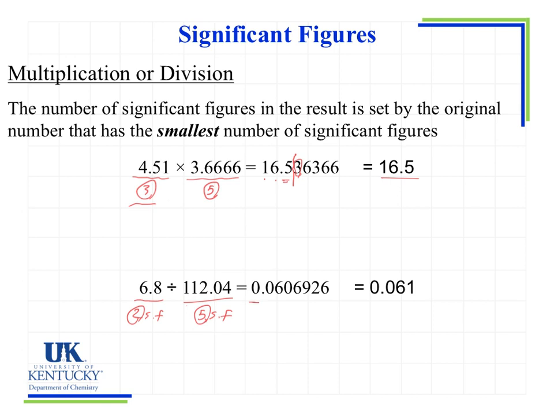We start counting from the first non-zero digit. These 2 are leading zeros and they're not significant figures. So we start counting from here. This is 1 and this is 2. So we have to round it from here. Since the next number is 6, we round this up. So it's 61, and the answer is 0.061.